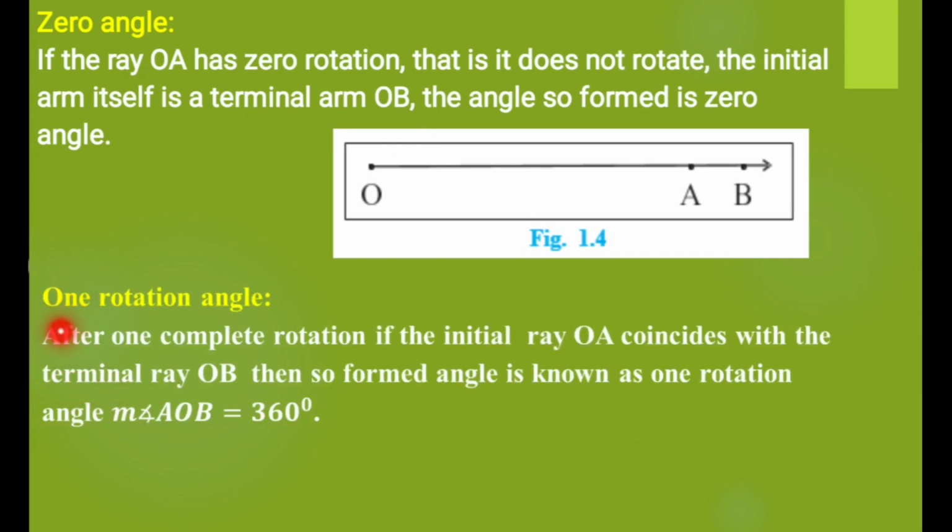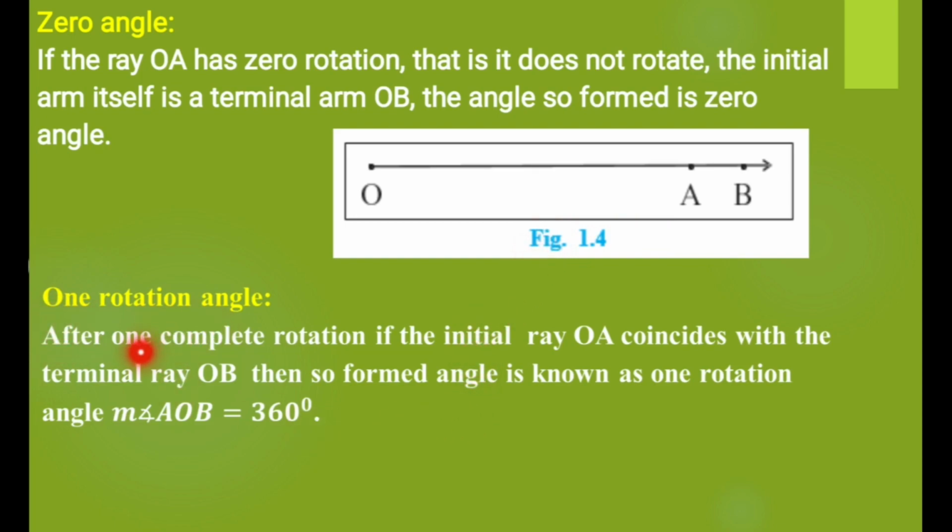Then the next concept, one rotation angle. That means when we rotate this ray OA in anti-clockwise direction, then one rotation is complete. When after completing the rotation, OA comes to its original position, then the angle of rotation is 360 degrees.